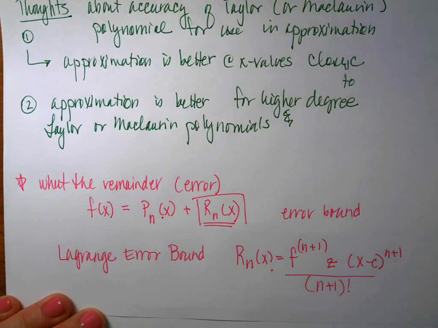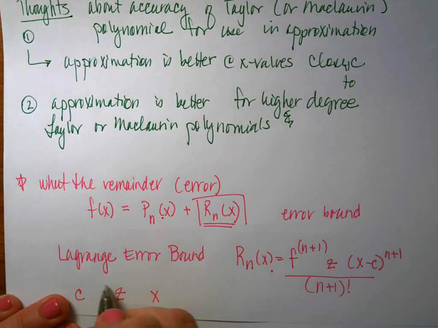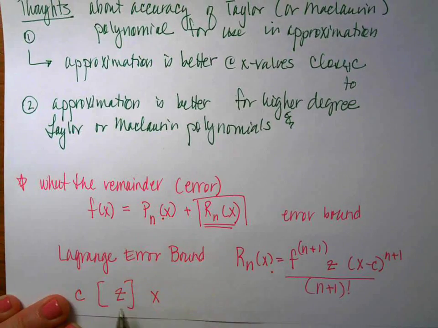Alrighty, so if I have a value, and let's say I've chosen z. Well, z is going to be in between my x value, so between c and x.